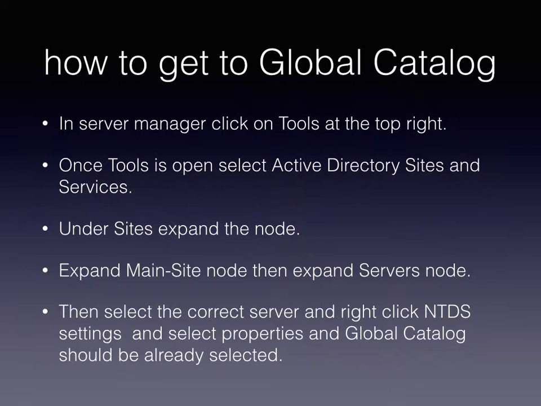Once that's expanded, you will expand the Main Site node, then expand the Servers node. Then you will select the correct server, right-click NTDS Settings and select Properties, and Global Catalog should already be selected.